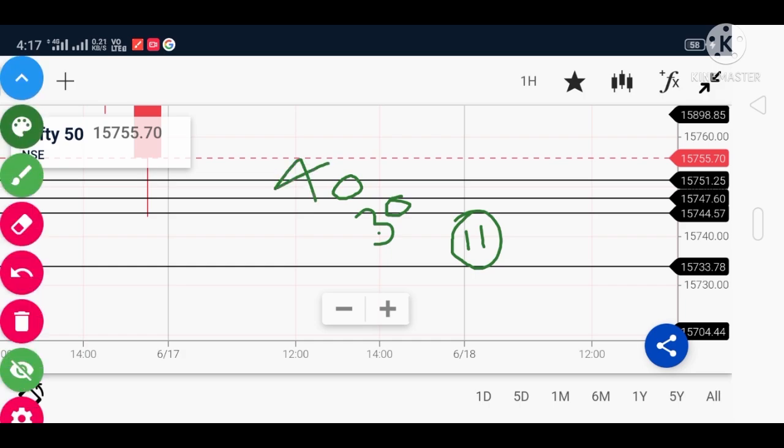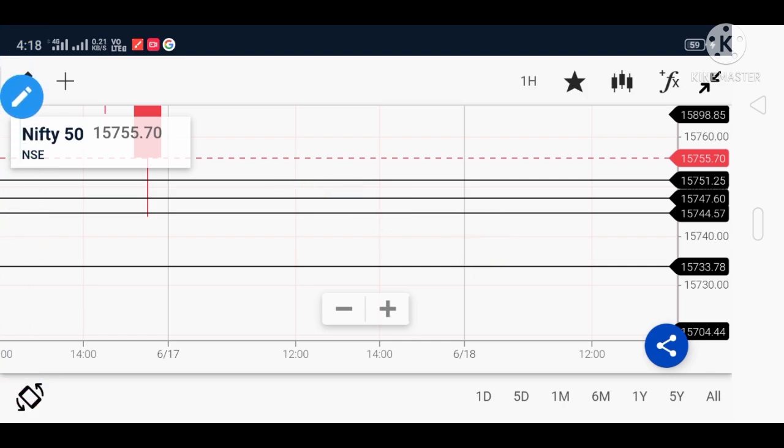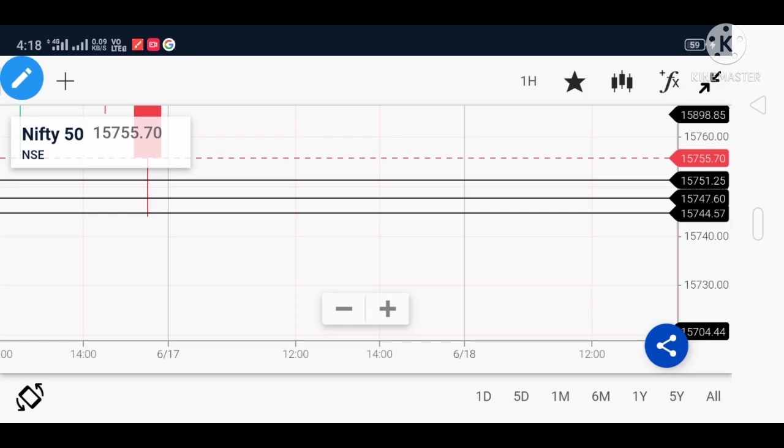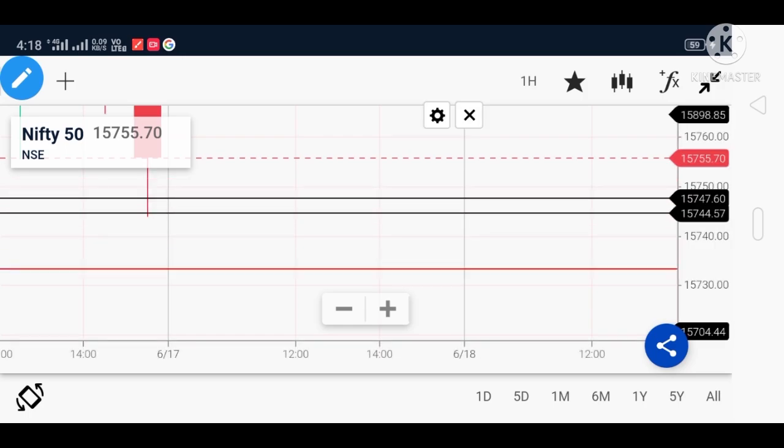So see traders, which 2 lines are closer? The 3, right? These are the closest, right? 15747, 15744. So what we will do, just keep these 2 lines and remove the other 2. So let's remove this. We removed this, and we also removed this one.